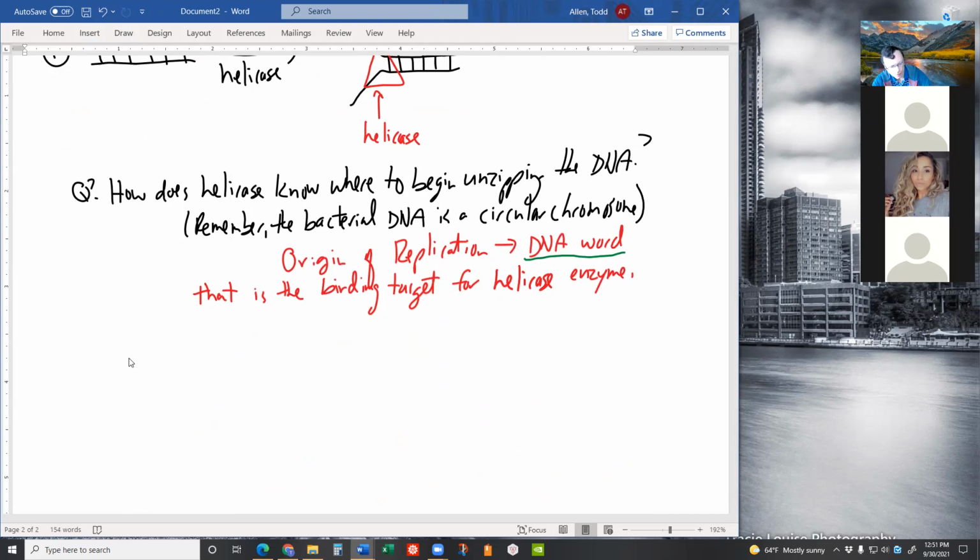Please just type your answers into the chat window. How many letters are available to us in the English alphabet? How many letters in the English alphabet? Okay, 26, right? 26 letters. And in the DNA alphabet, there are 4 letters, are there not?